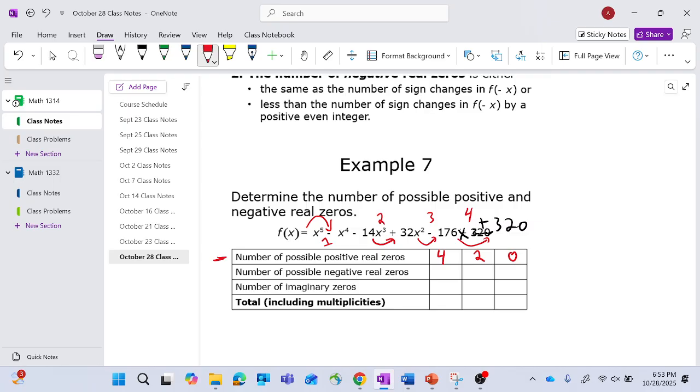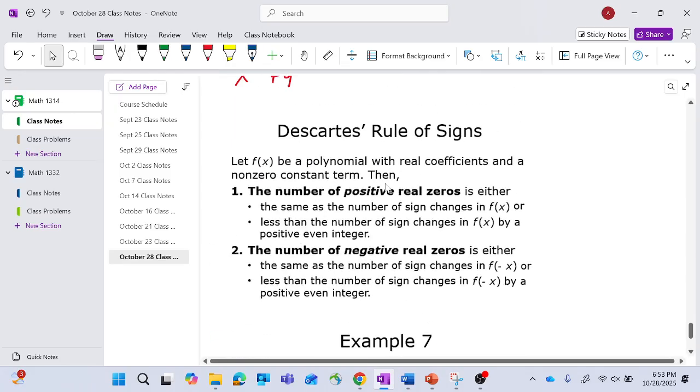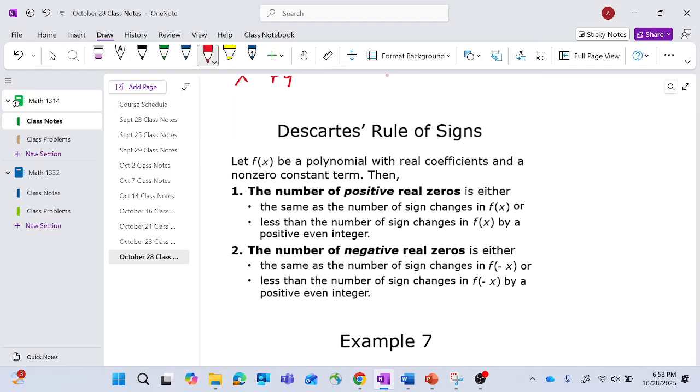Sorry. Does that make sense, guys? We're fine with how we got 4, 2, and 0? All right. Sorry? What about them? You count it. Oh, so see in the definition, it says you can have less than the number of sign changes by a positive even integer.